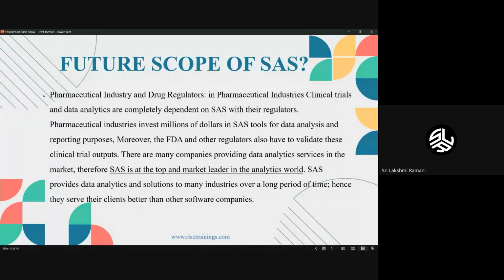We will need the drugs. Drugs can't be directly released into the market. Those need to be analyzed. That analysis will be done by our clinical SAS programmers, right? So the scope of SAS will never end. It is very clear that the scope of SAS will never end.